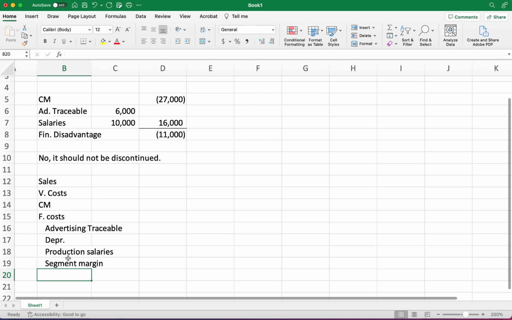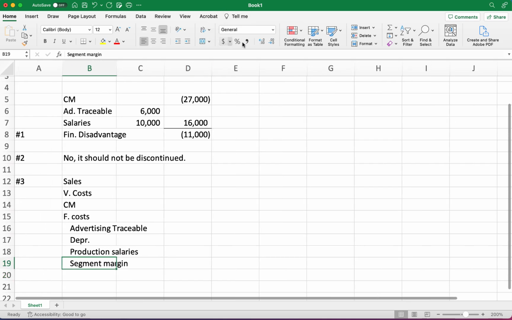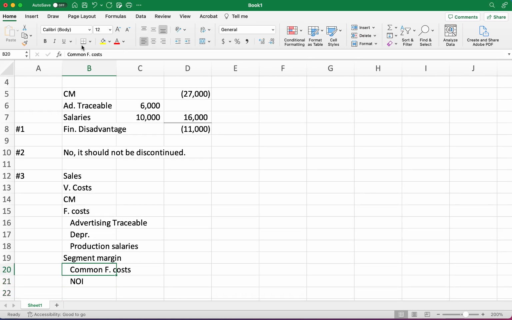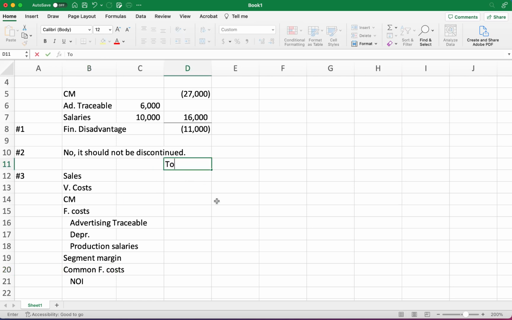And then we could subtract out the common fixed costs. Then hopefully we have an NOI. Okay, so what we're going to do is just show that, well, we have our total column. We need to prepare one for the dirt bikes, the mountain bikes, and the racing bikes, because we're not going to get rid of the racing bikes.